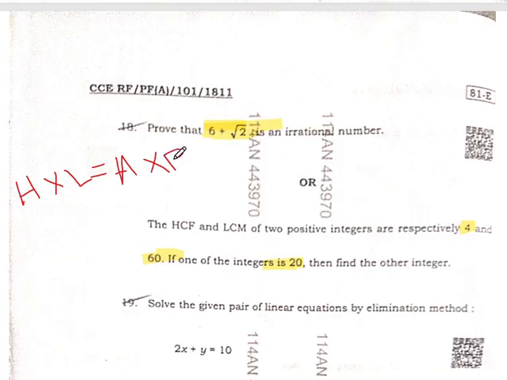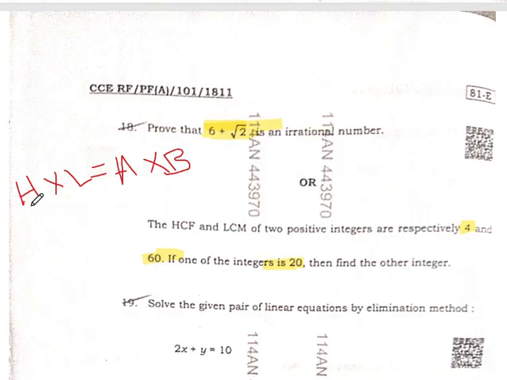Here HCF is given, LCM is given for these two integers, and one of the integers is 20. If you take A as 20, then you find the other integer, that is the B value. If you know this relation, it is a very simple question.